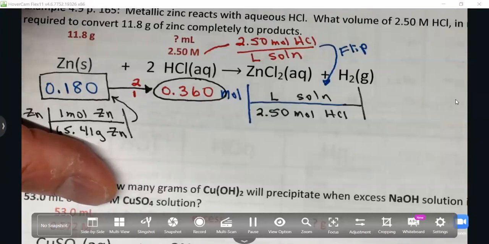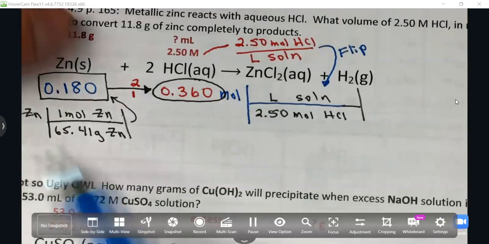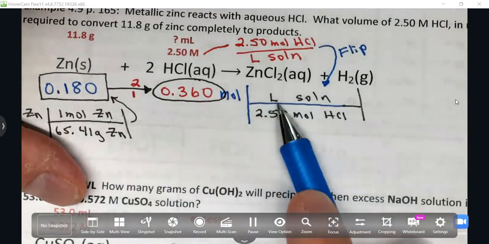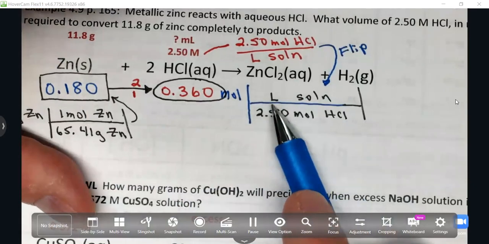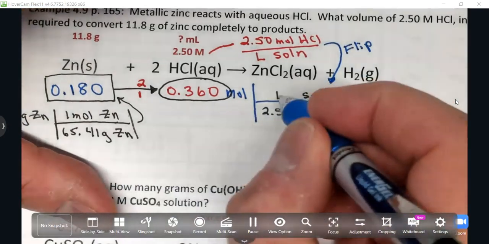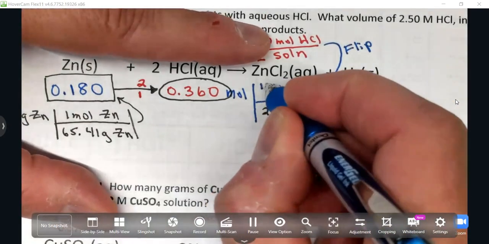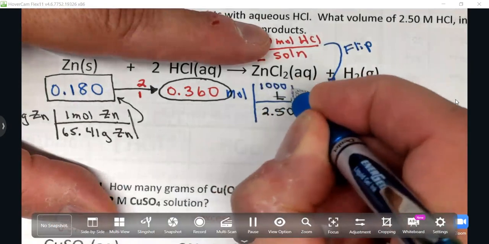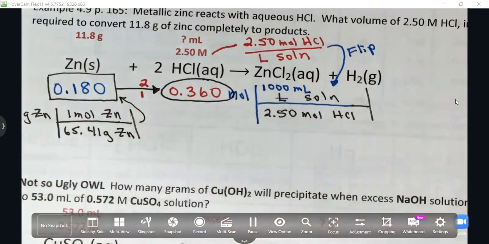Let's do one quick shortcut. Let's just cross out liters. How many milliliters in a liter? 1,000 milliliters, right? Let's take this quick shortcut, cross out the liters and write in 1,000 milliliters, same thing. It saves us a step.